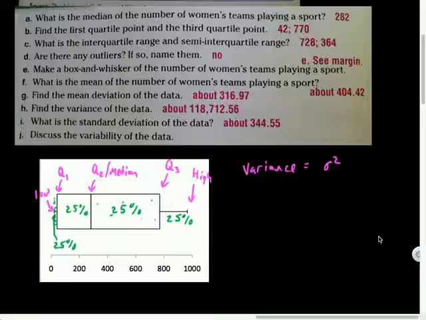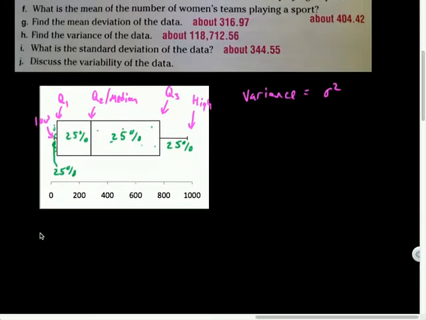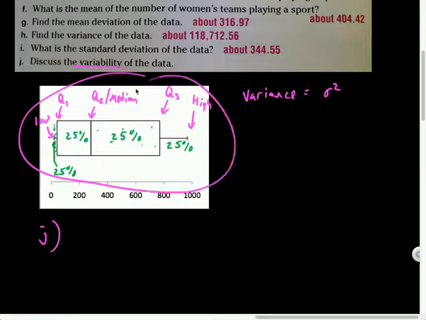So after looking at all of those values, J says discuss the variability of the data. To analyze the variability, the box and whisker plot's a good point. Mean deviation's a good point to look at, and standard deviation's a good thing to look at, right? And variance, in effect, also discusses the variability of the data.